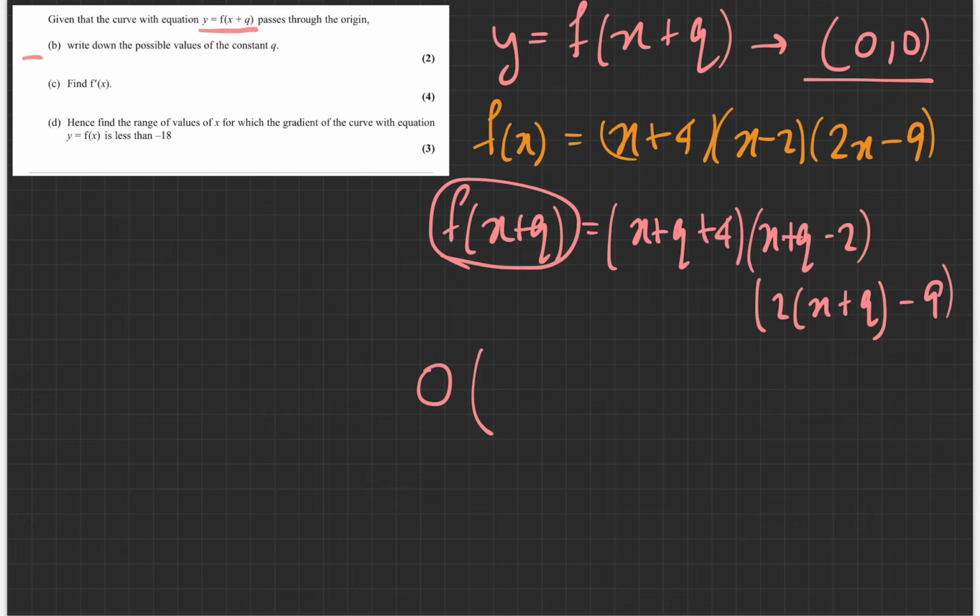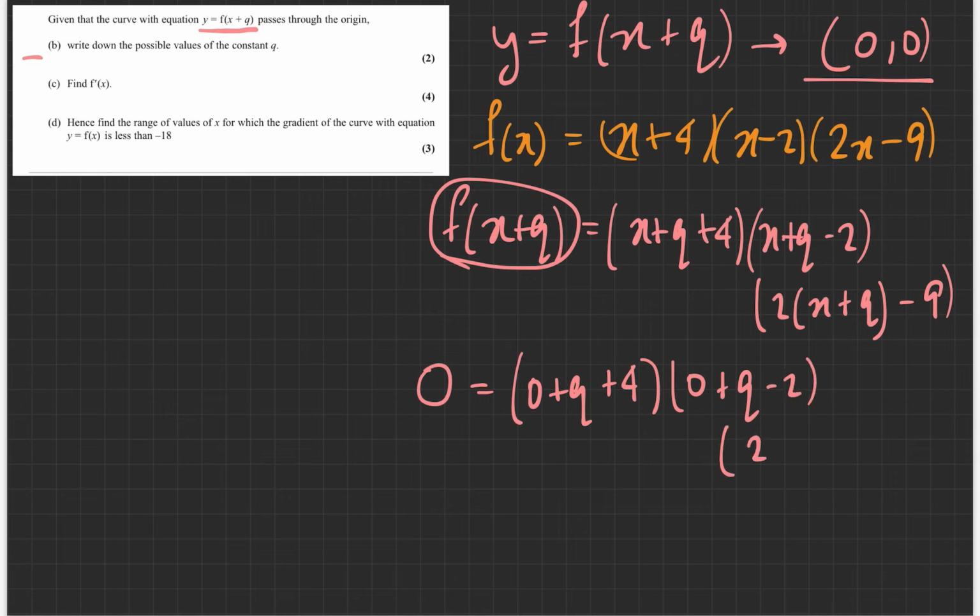So I'm going to say all the x is equal to 0. So it's going to be (0 + q + 4)(0 + q - 2)(2 times (0 + q) - 9).